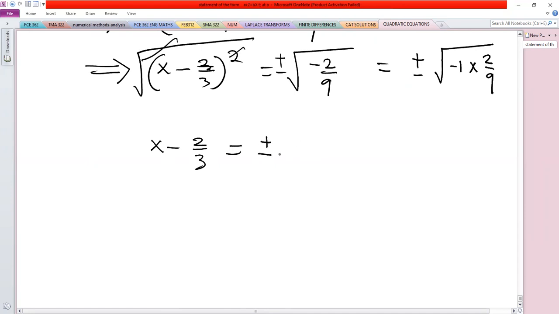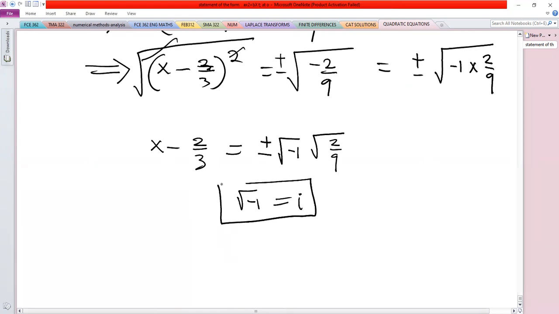the square root of negative 1 times the square root of 2 over 9. The square root of negative 1 is i, the complex unit.